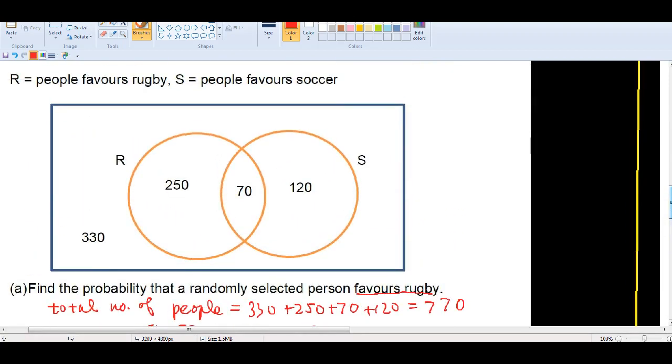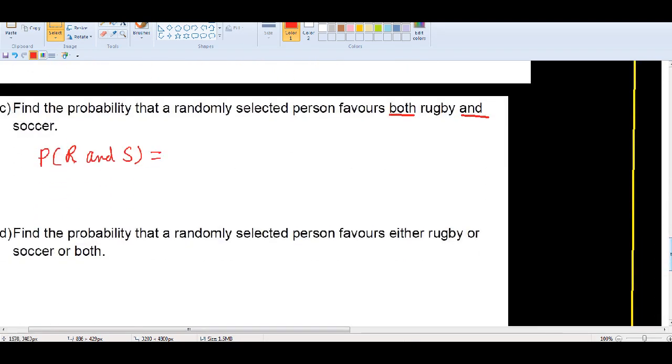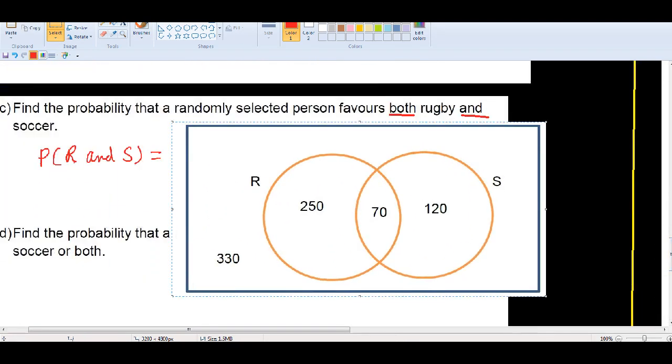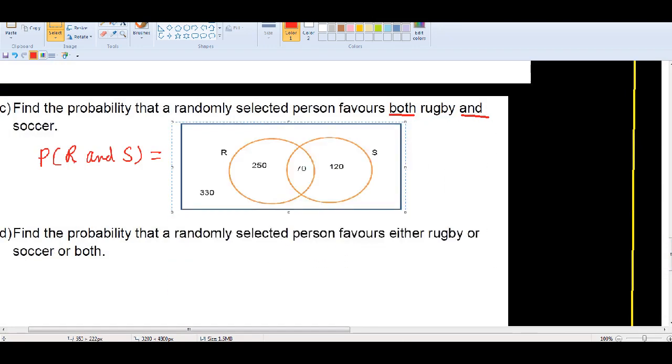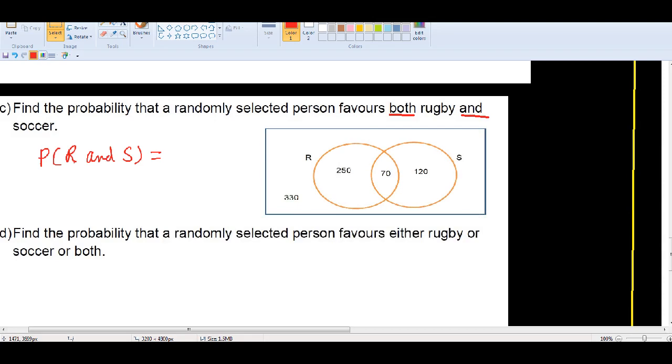This time you will see we need to consider the number in between the two circles. Let me copy the circle, so I can emphasize this a little bit more. Let's make this smaller so it's easier for us to see.